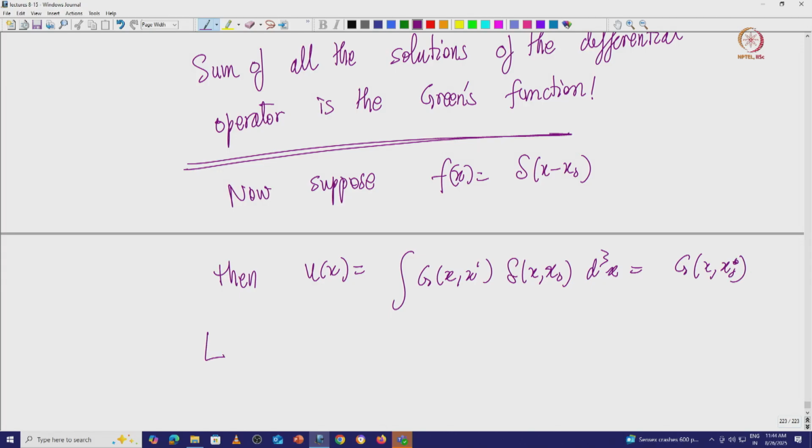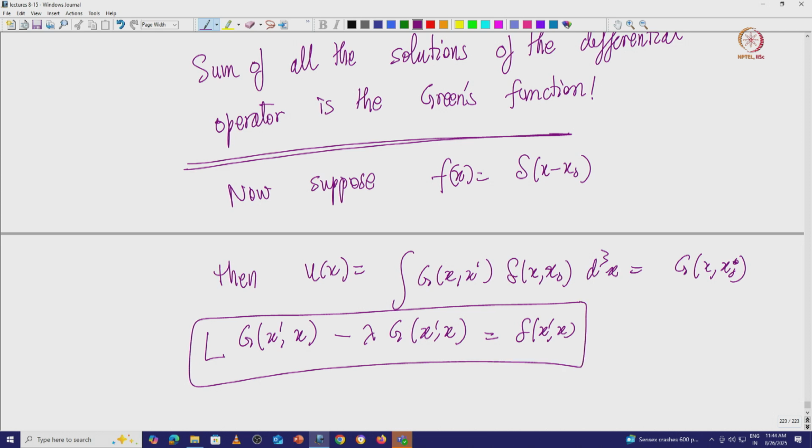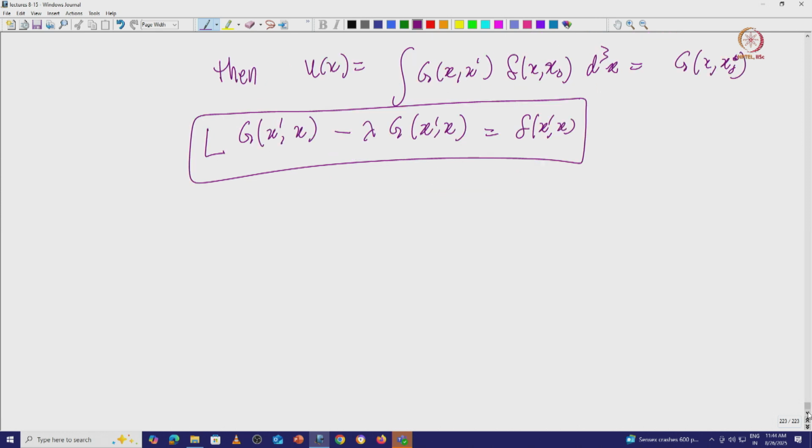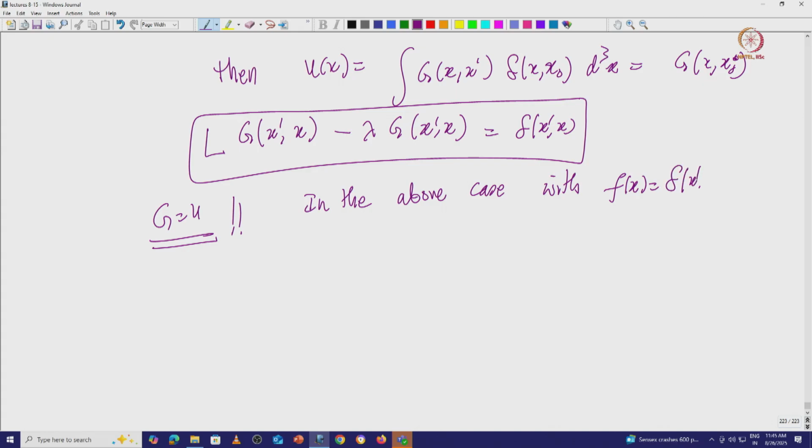So this is L of g x prime x is equal to delta x prime x. So what we found is g is equal to u in the above case with f of x is equal to delta x prime x.